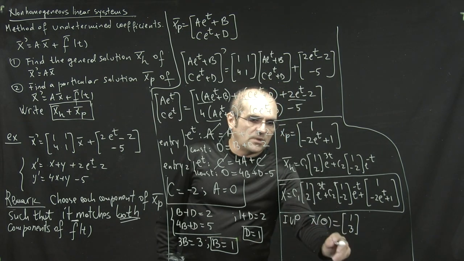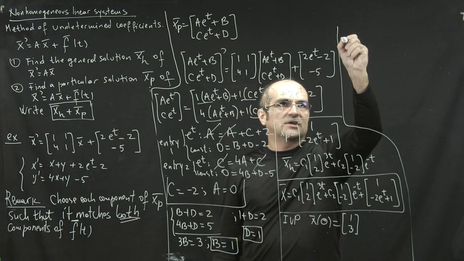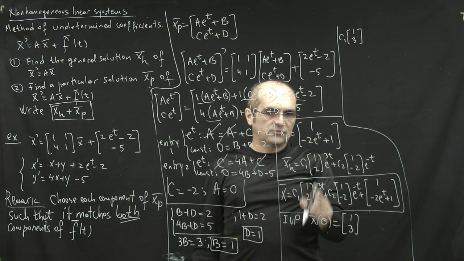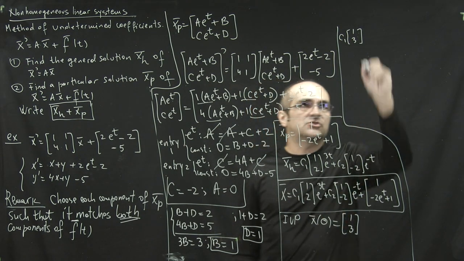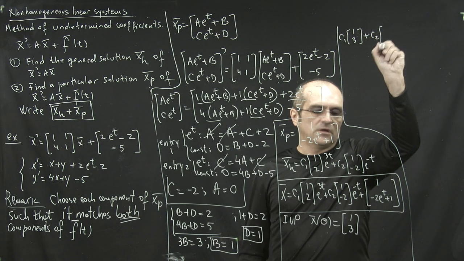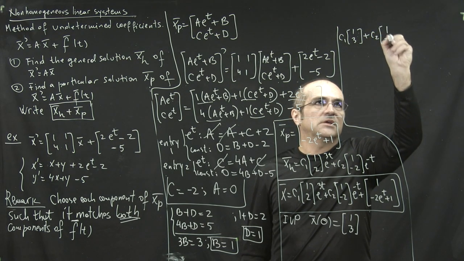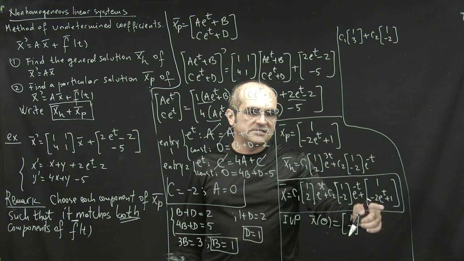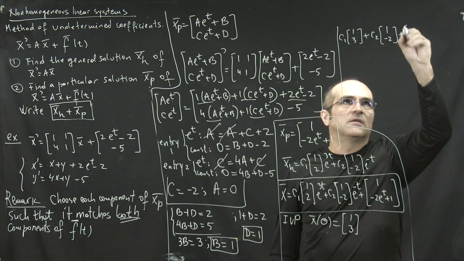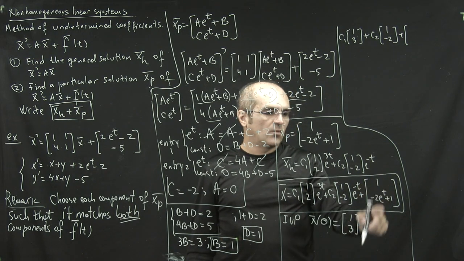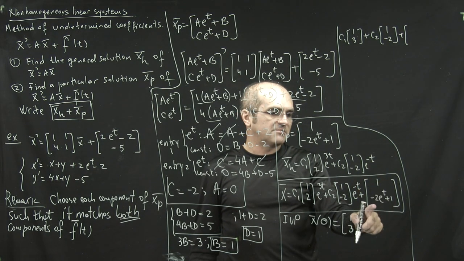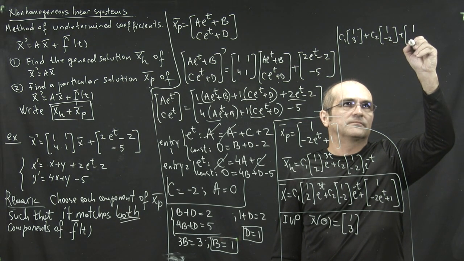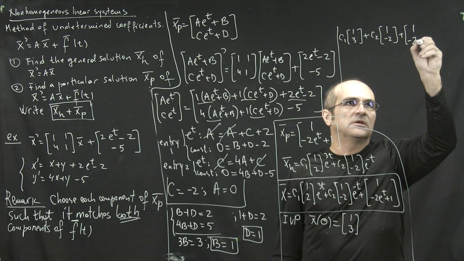X of 0 equals (1, 3) means the following. X of 0 is C1 (1, 3), e to the 0 is 1, plus C2 (1, -2), e to the 0, which is again 1. Then plug in 0 here on the non-homogeneous part, so that becomes (1, -1), because it's minus 2 times e to 0 plus 1.